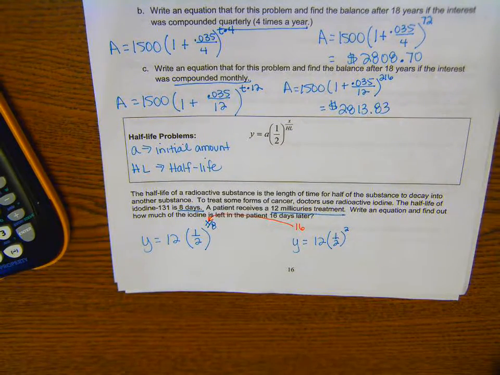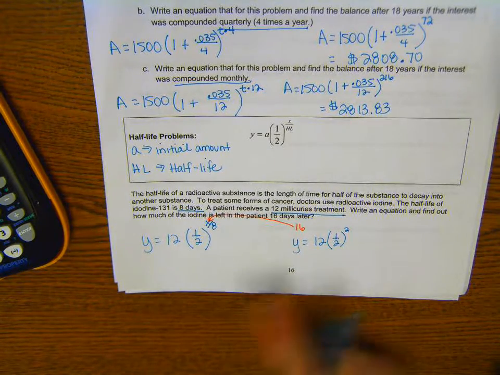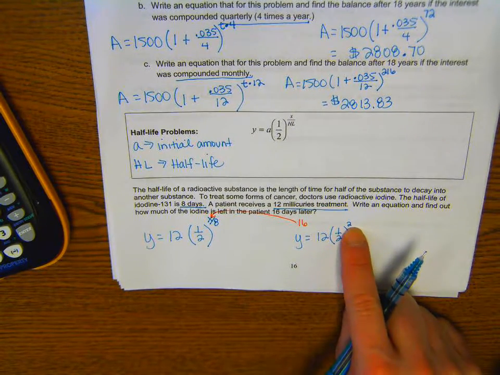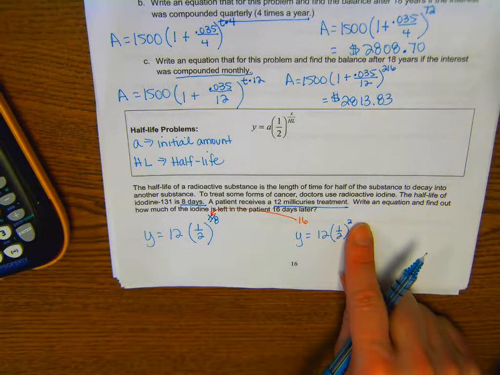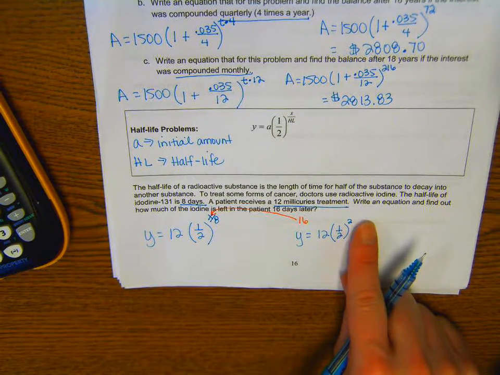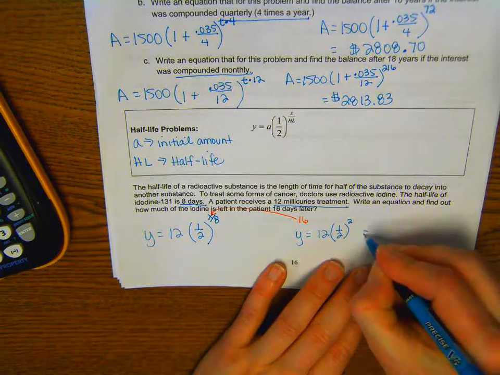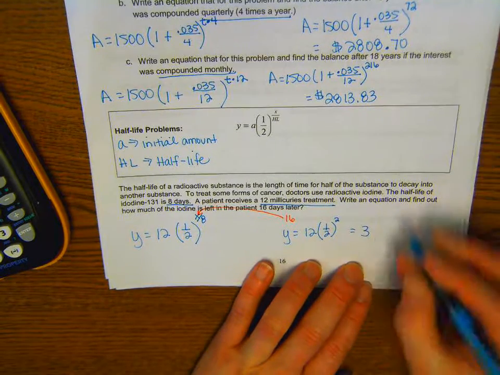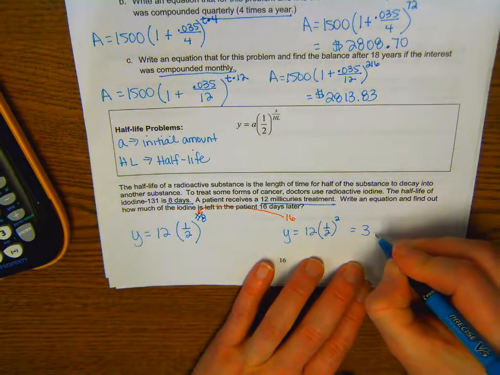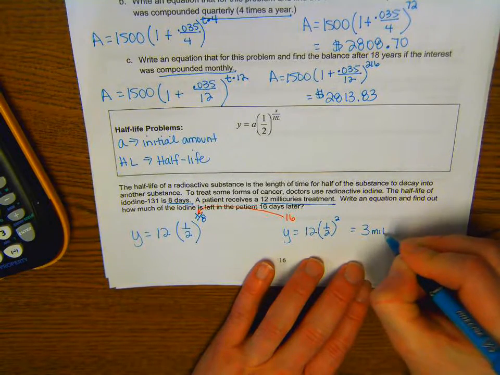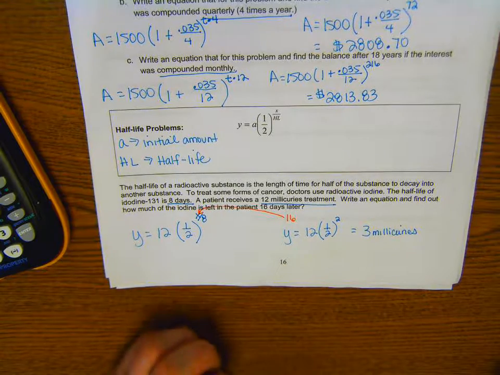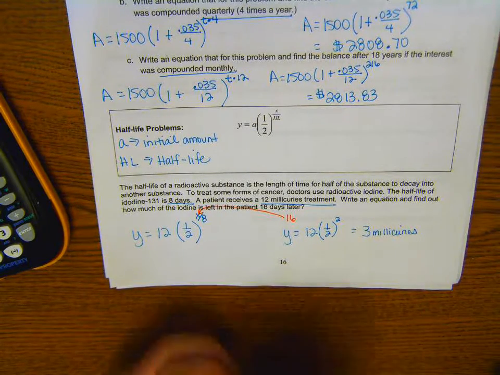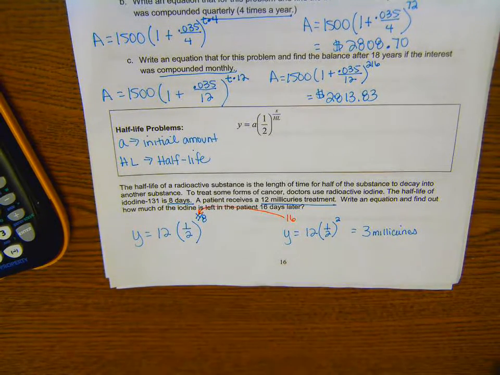Can't we do this in our heads? How many times am I taking a half? Twice. Okay, 12 times a half is 6 times a half is 3. If you want to verify with your calculator, you can. But there should be 3 millicuries left after 16 days.